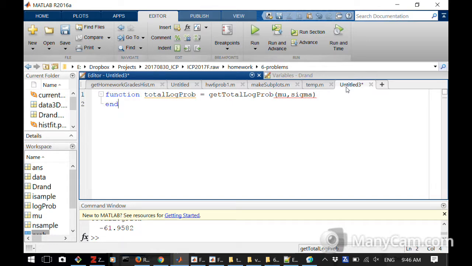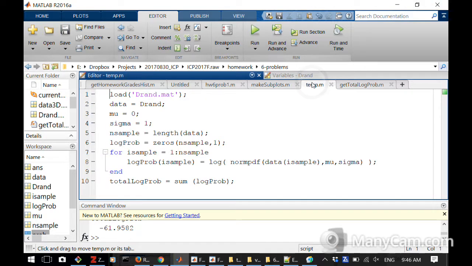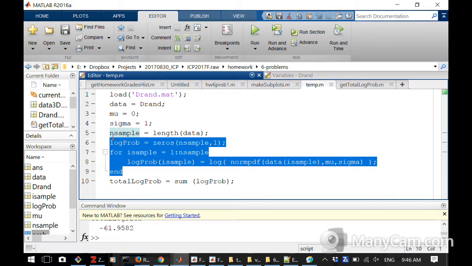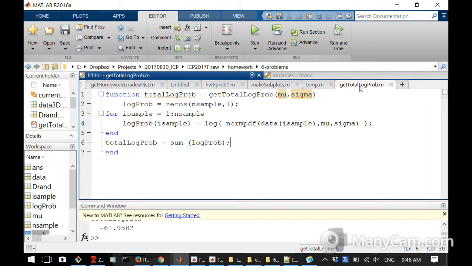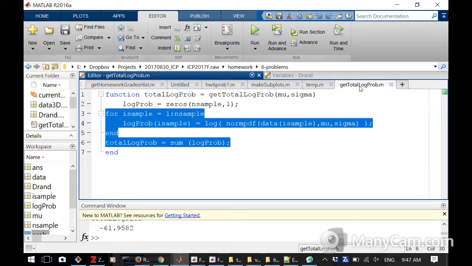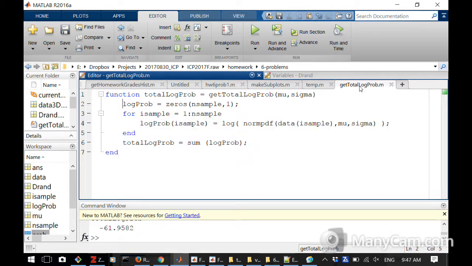And then in between, we calculate the log probability of getting all of these events. So log prob, we initialize it, and then we define the for loop again here, and then total log prob is the output of this function.